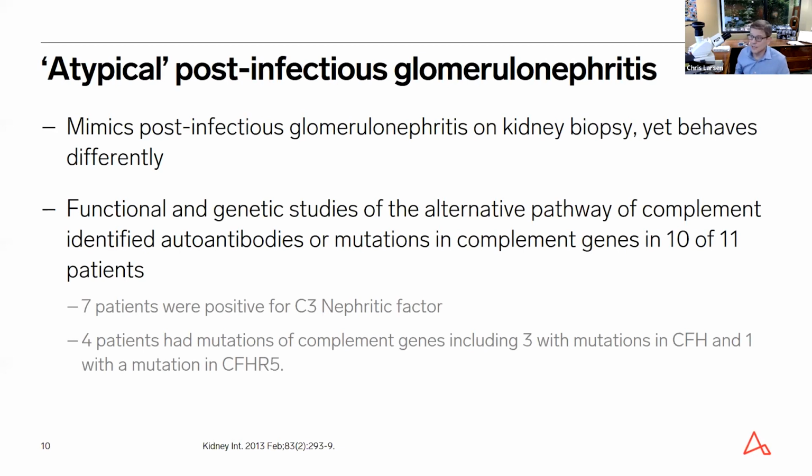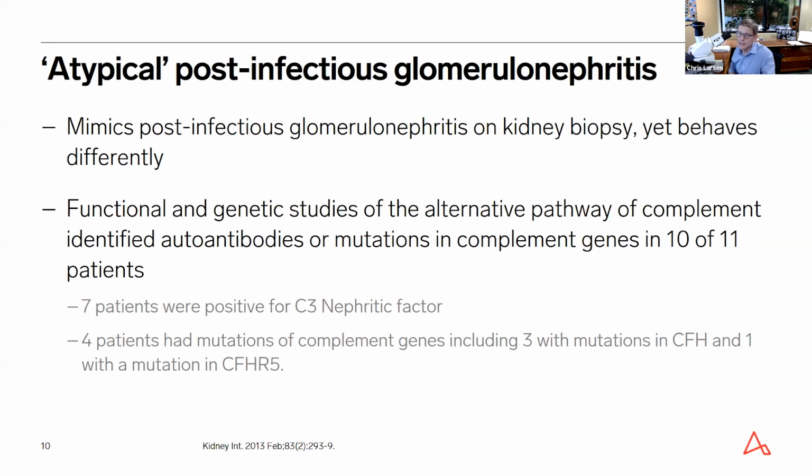So these biopsies will often look like a post-infection glomerulonephritis on the initial biopsy, but clinically they don't behave the right way. They don't have that self-limiting disease that quickly responds and goes back to normal. Rather, they have this persistent hematuria, hypocomplementemia, and decline in renal function.